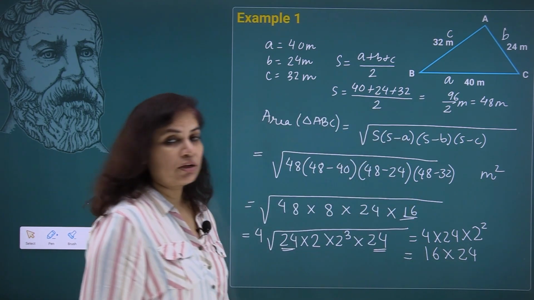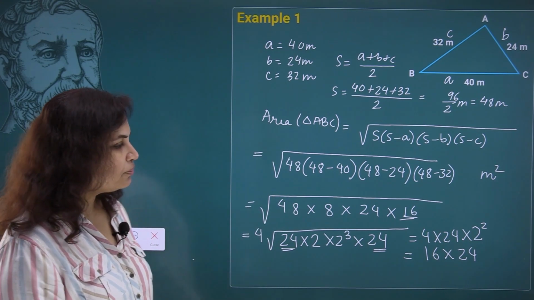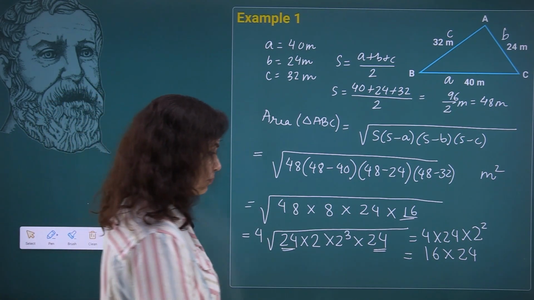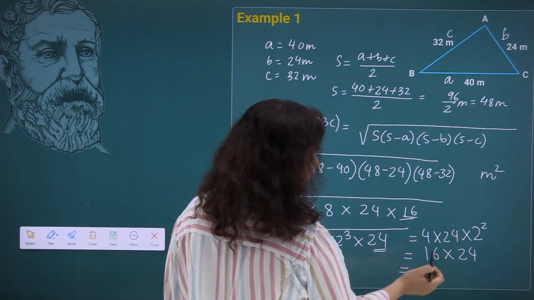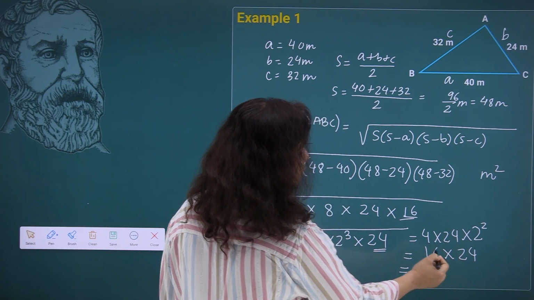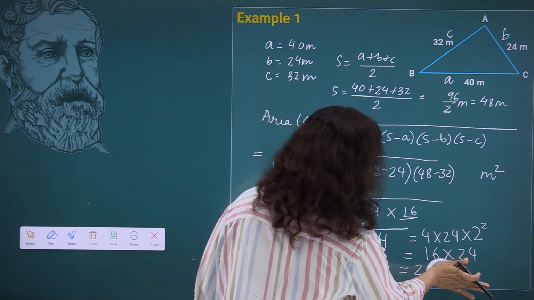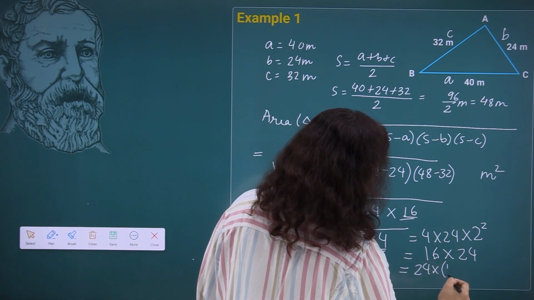Now, without a calculator and without actually doing long multiplication, how will you multiply 16 into 24? Multiplying 24 by 10 will give me 240. Just break up 16: multiply 24 with 10 plus 6.